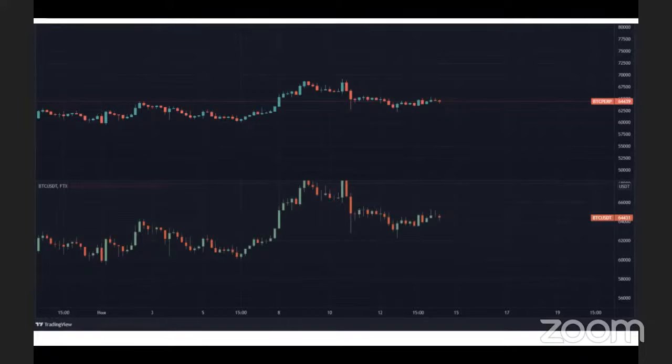So the BTC Perp price is higher. And there should always be a mechanism to make sure that the price stays near the spot price, so the perp price won't change drastically, right?